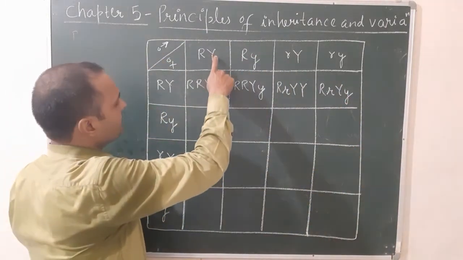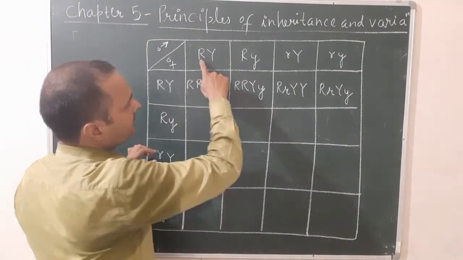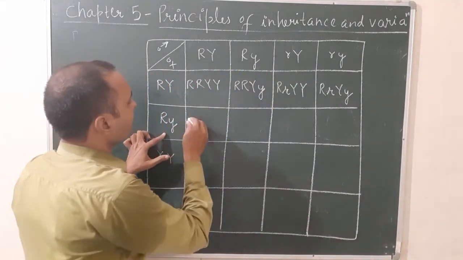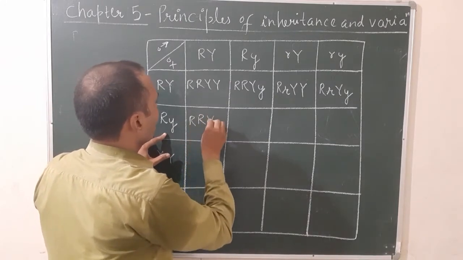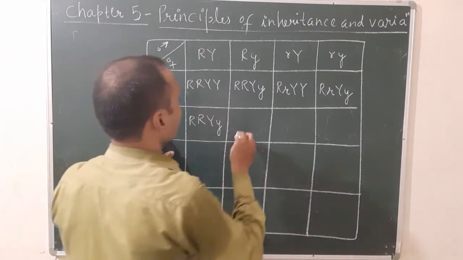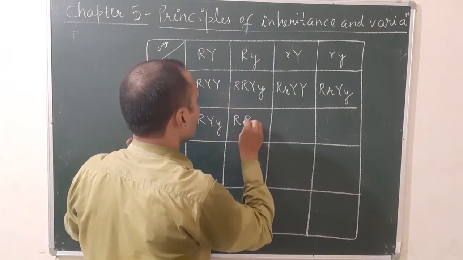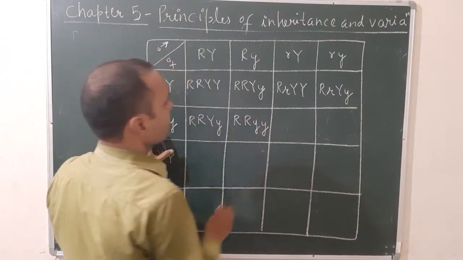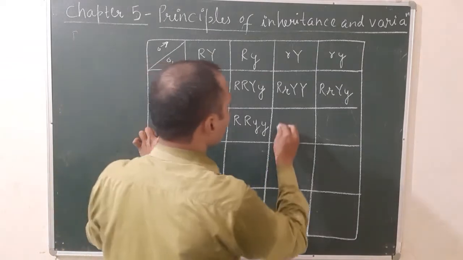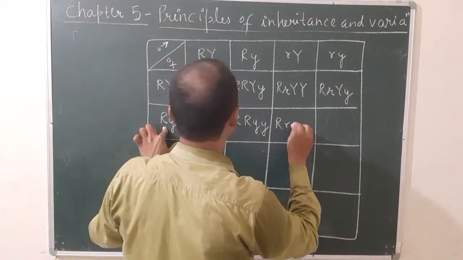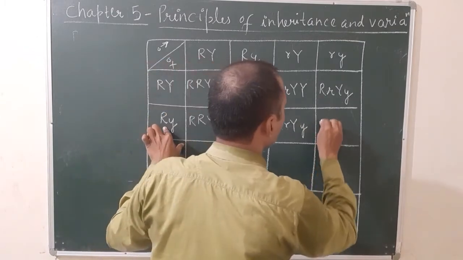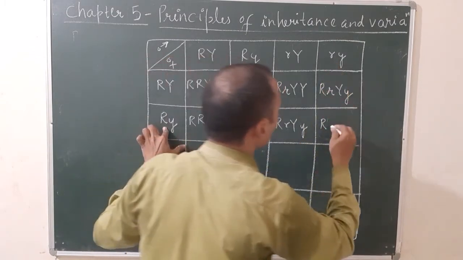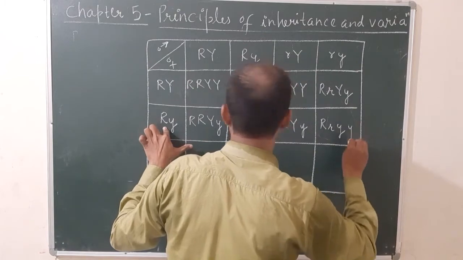Again you will write these four combined with this. So there will be capital R capital R, capital Y small y. Again capital R capital R, small y small y. Then capital R small r, capital Y small y. Next capital R small r, small y small y.